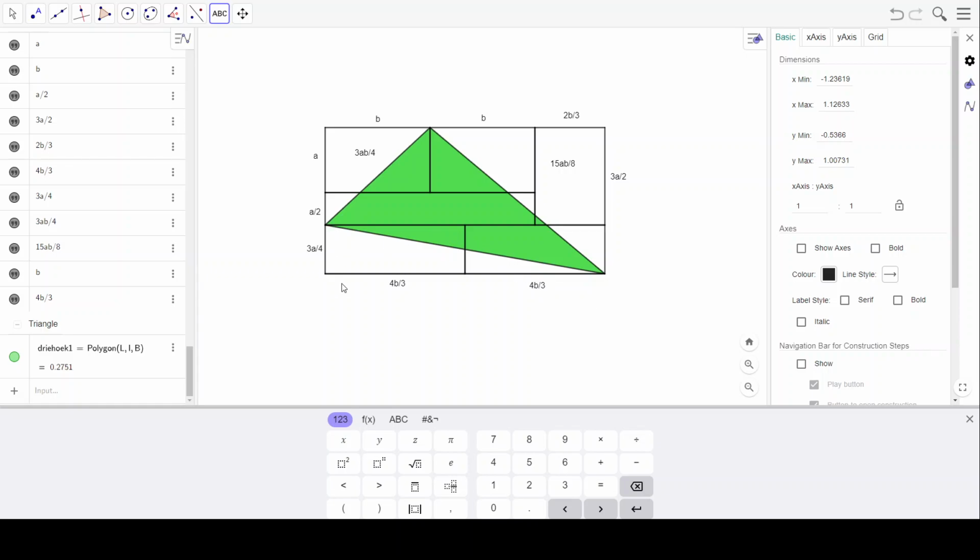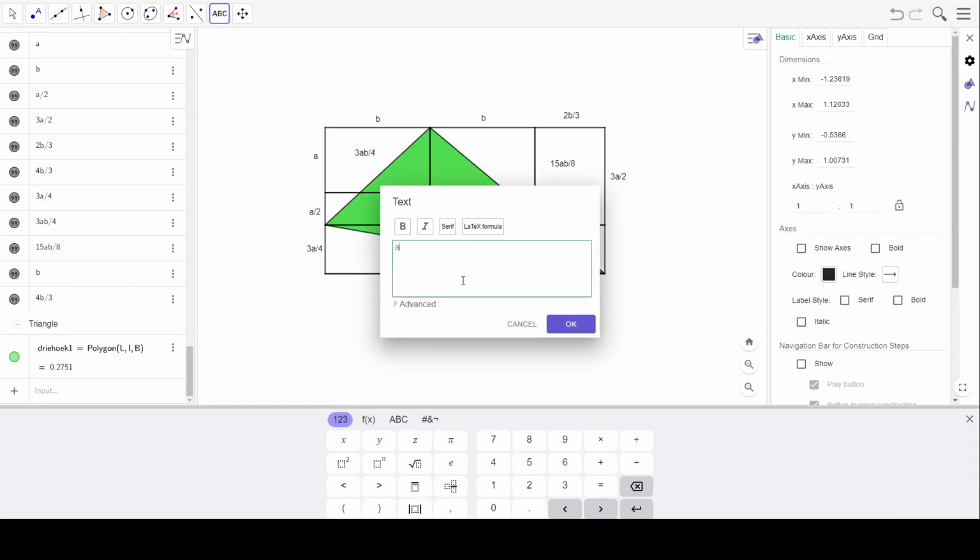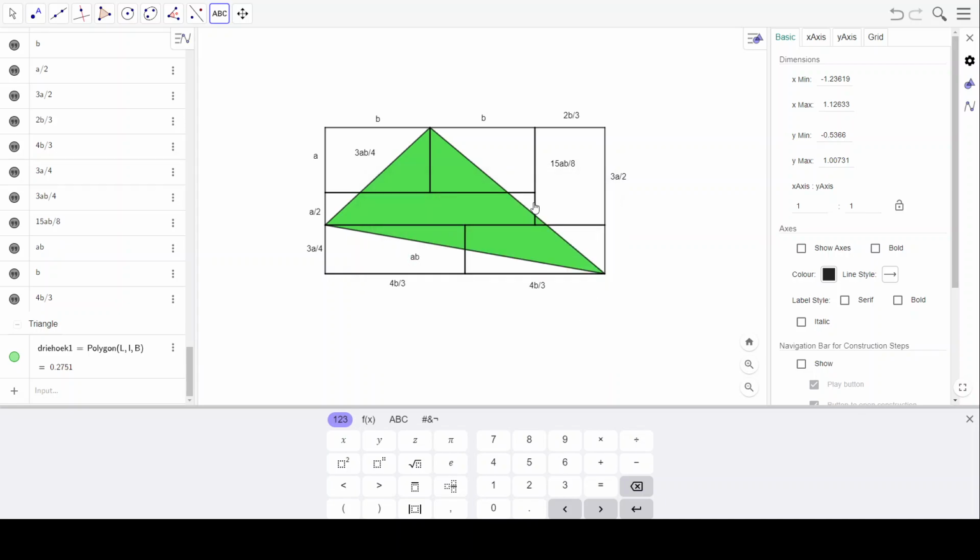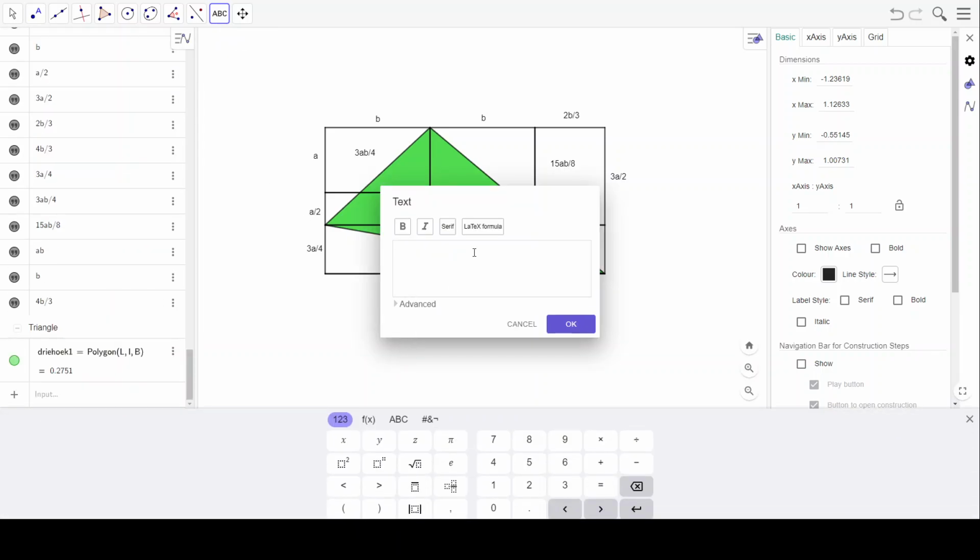And this triangle over here is quite easy to see, because it is exactly half of this rectangle, which contains 2. So this rectangle has area 2AB, and this one is half. So this one has exactly AB, the area of one small rectangle. Now we know the areas of those 3 triangles, and we can say that the green one is the total.